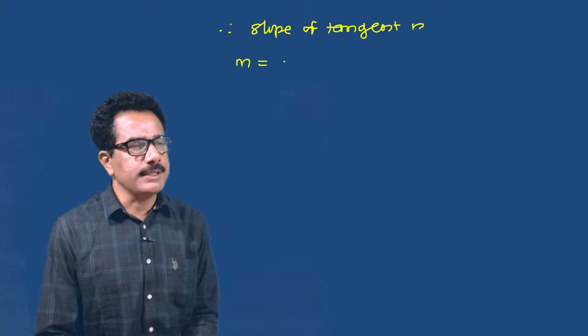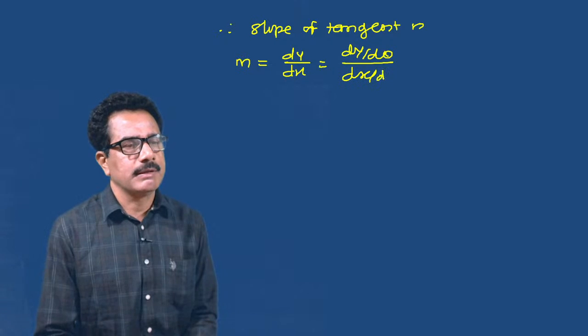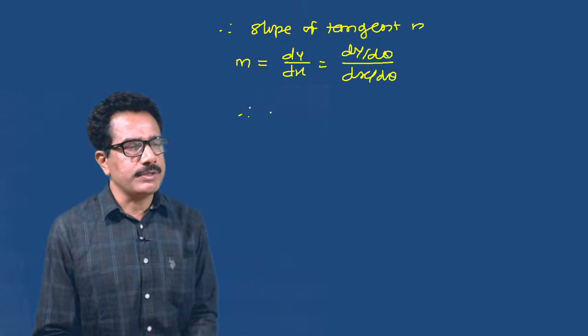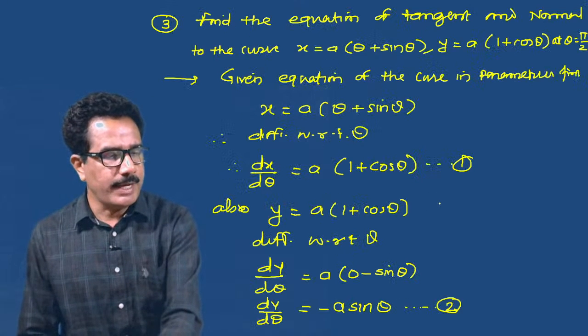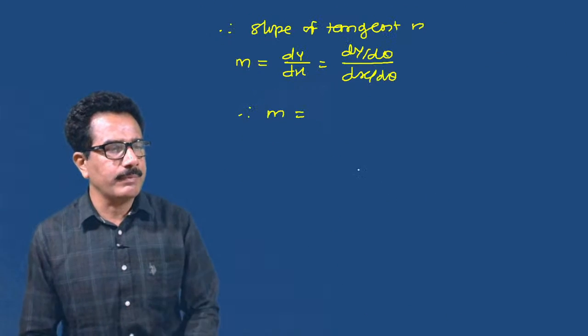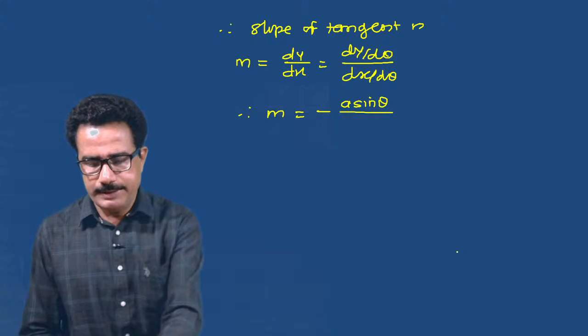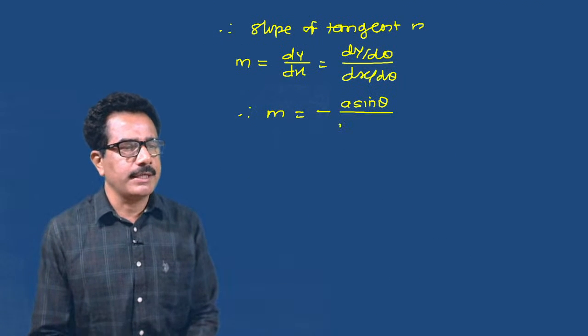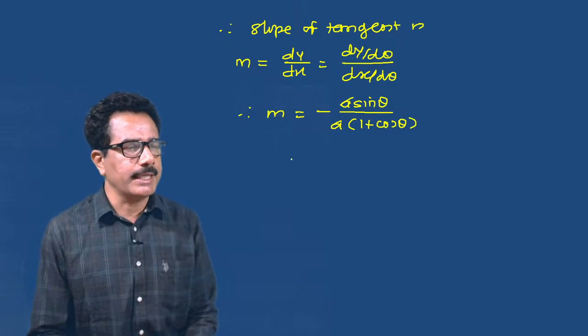Slope of a tangent is m is equal to dy by dx, which is equal to dy by d theta upon dx by d theta, that is m is equal to minus a sin theta divided by a in a bracket 1 plus cos theta. a will get cancelled.